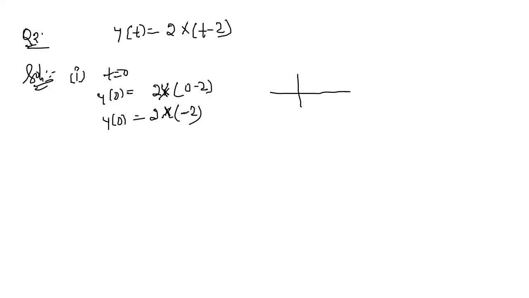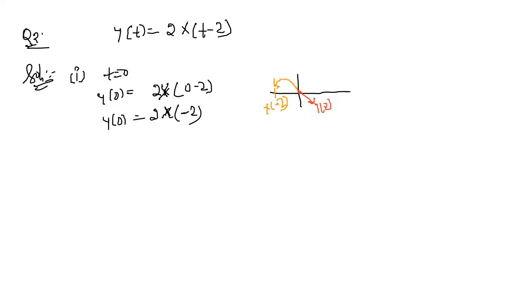If you draw the timeline for this, you can see the output is at 0, and where is the input? The input is at -2. So you can see here, the output depends on the past value of input.